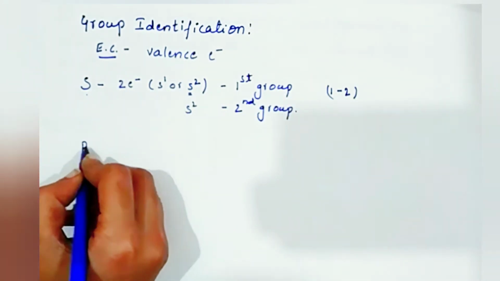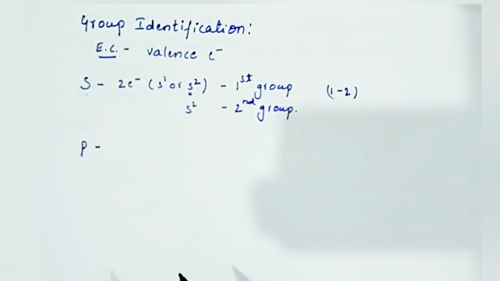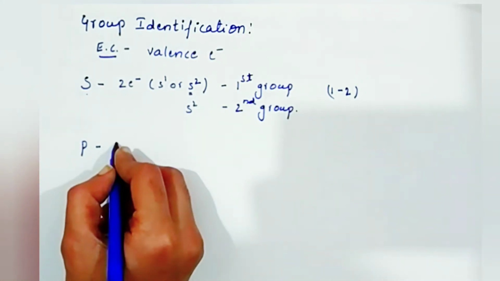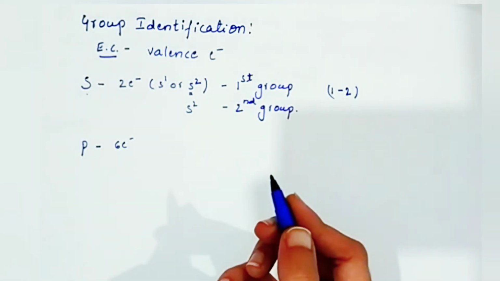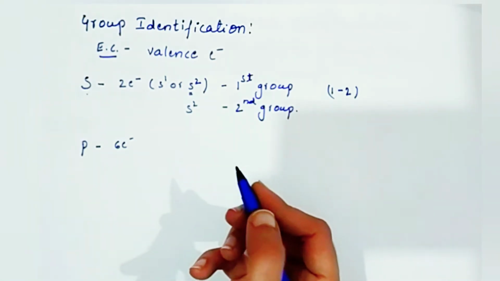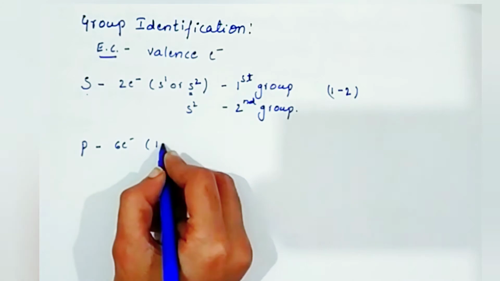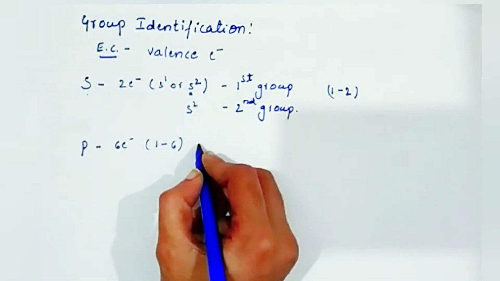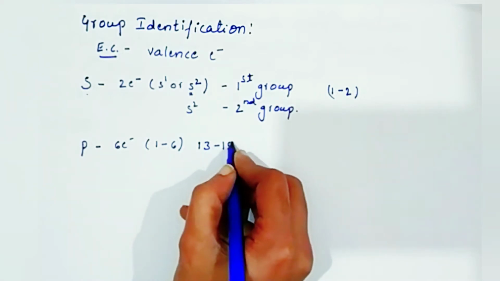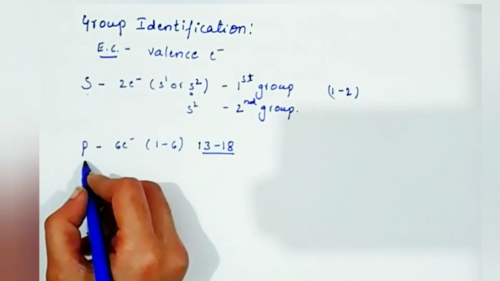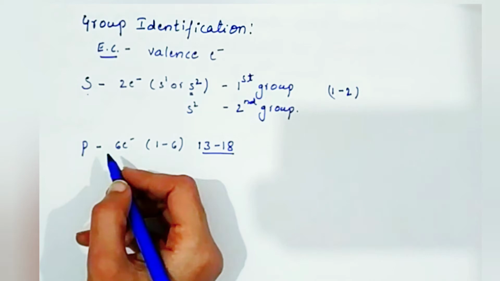Next, we will consider p orbital. The p orbital's maximum capacity is 6 electrons. It may be p1, p2, p3, p4, p5 or p6 configuration. And we know group numbers 13 to 18 belong to the p block.